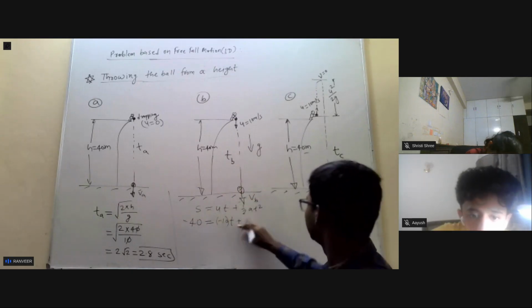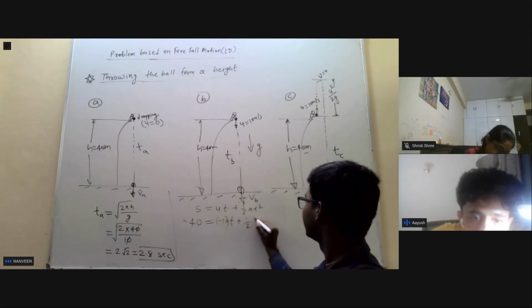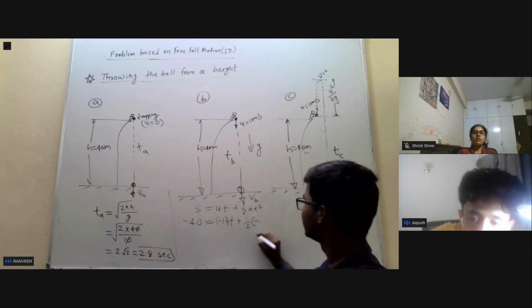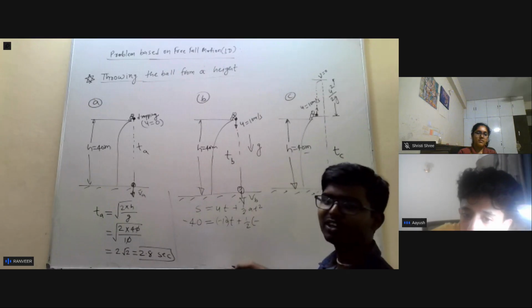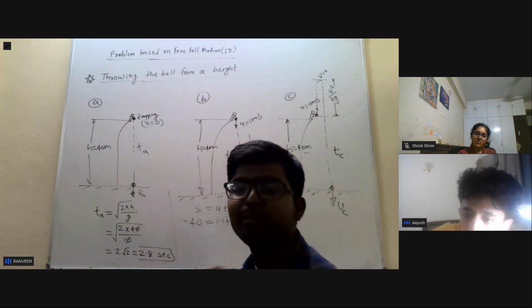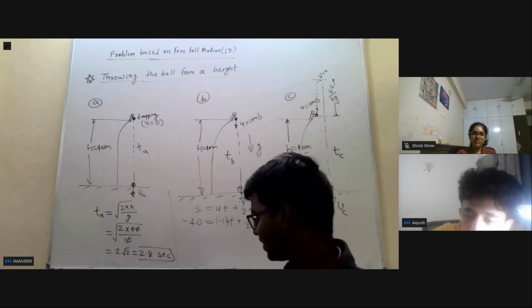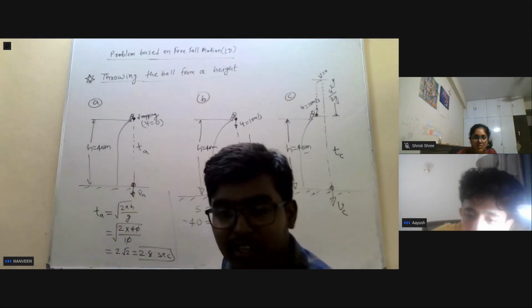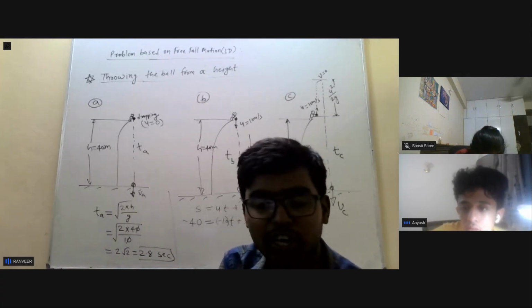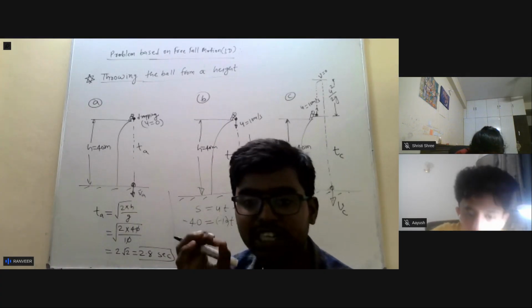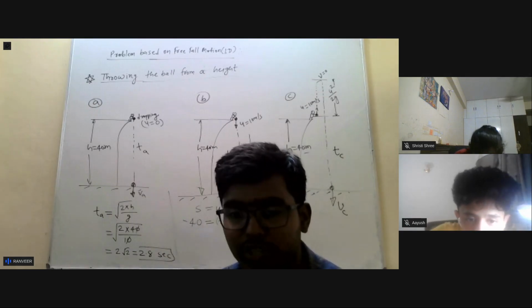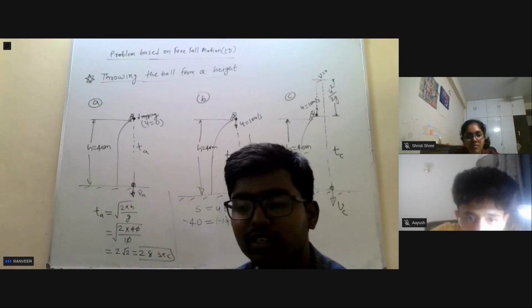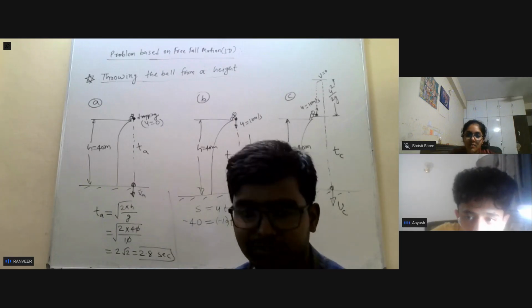Sir, so whenever it's downward, it's negative? It's not like that. It's our sign convention. If you are taking all downward positive, it means all upward you should take negative.